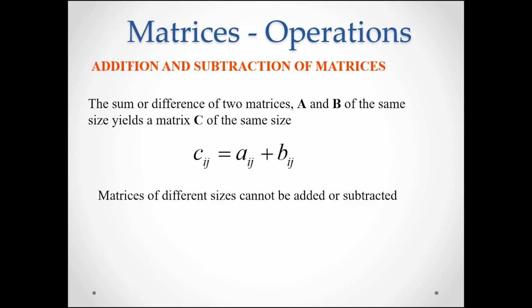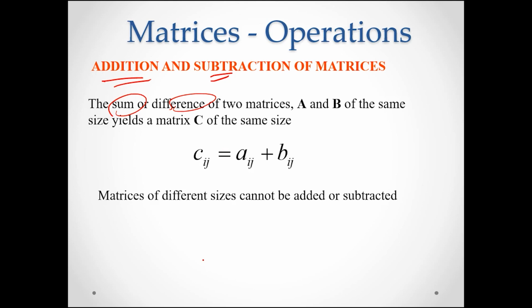The next one is the addition or subtraction of matrices. Addition is the sum, and difference is the subtraction. When I say addition, it means we are adding the corresponding elements of the two matrices. For matrices A and B, if I have A11, we only add B11 to get C11.